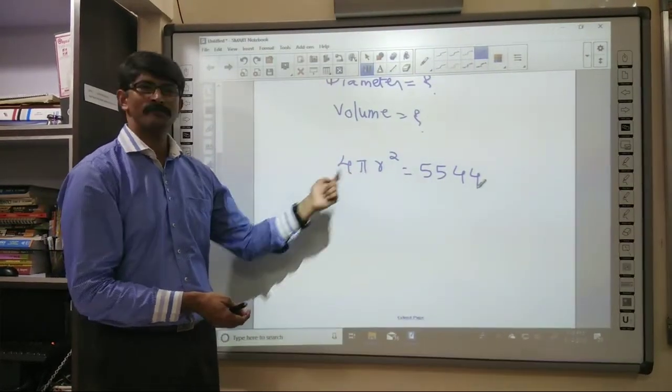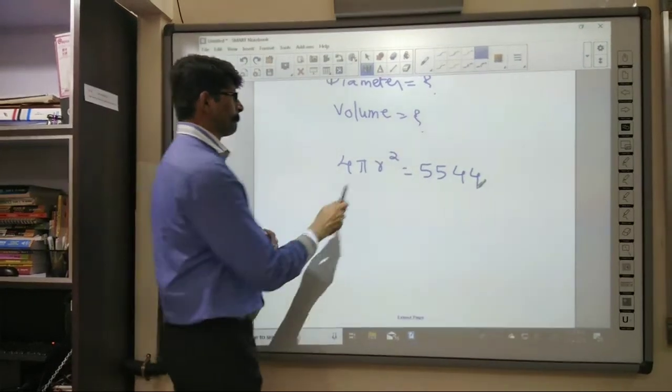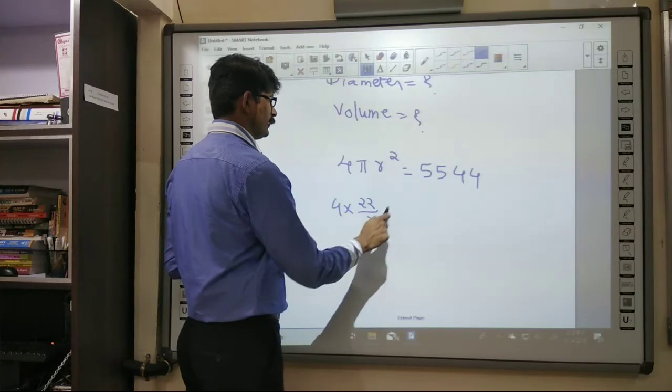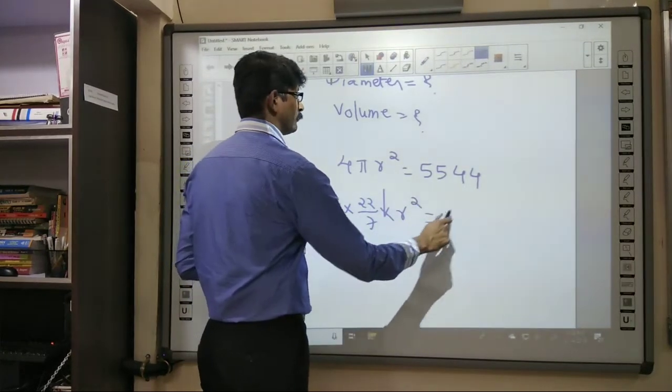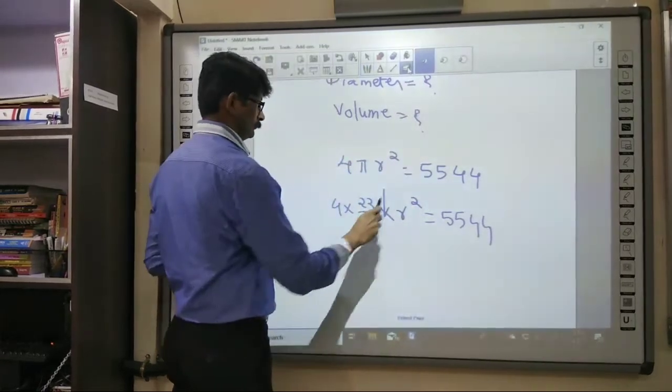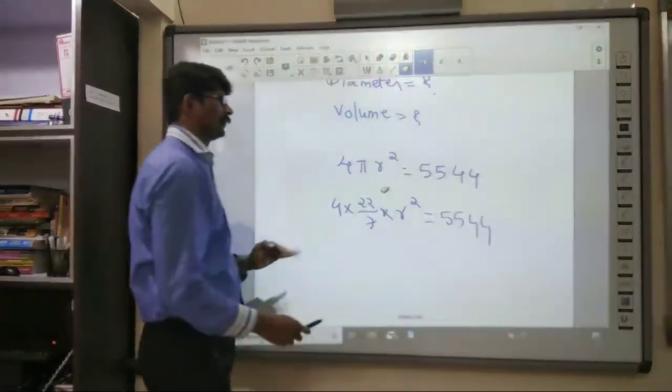What is the surface area of the sphere? 4 pi r square. And now you can use 4 into 22 upon 7 into r square is equal to 5544. And now how to do this?